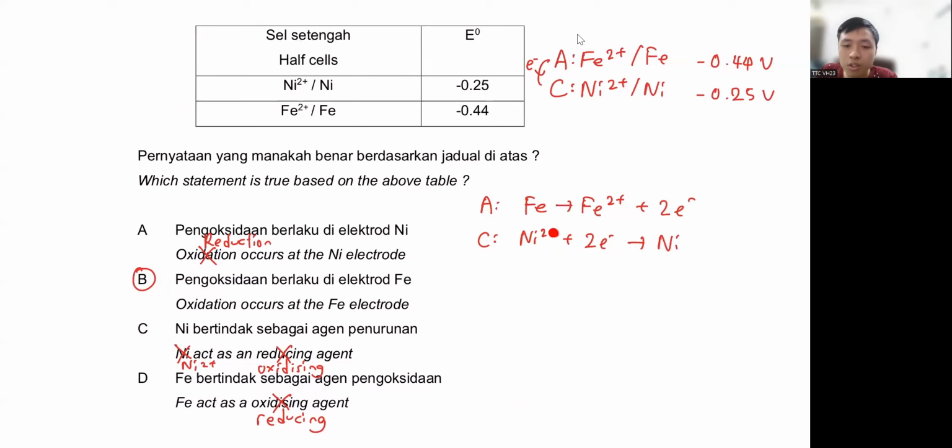I mean, not reducing agent, this one undergoes reduction, so it's the oxidizing agent, sorry. D, Fe is the reducing agent, it undergoes oxidation. This one is the reducing agent.